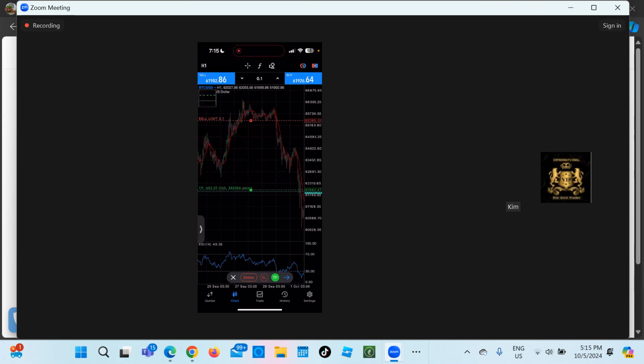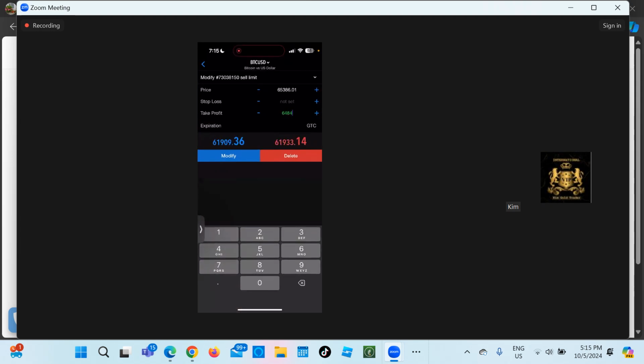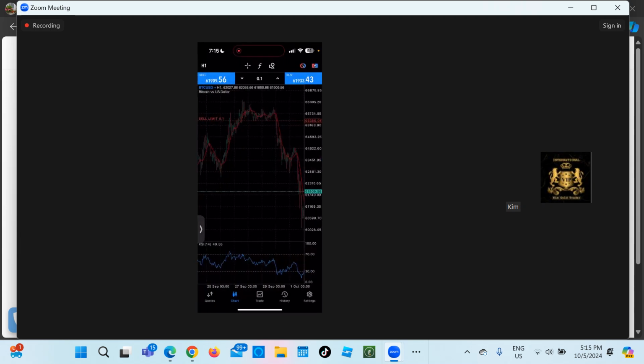Whenever I move my cursor, it would calculate how much I would profit. So I would profit around this area. I would place it like that, or you can modify it kung ano po ang gusto nyong TP.